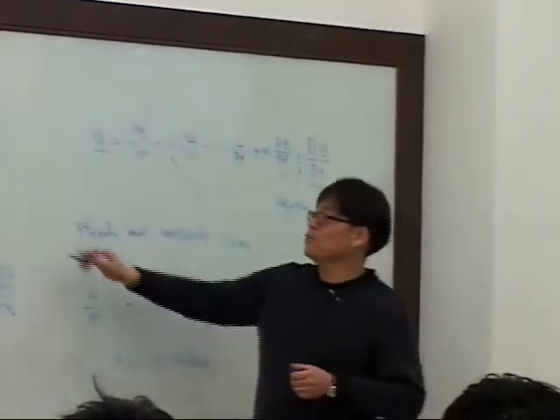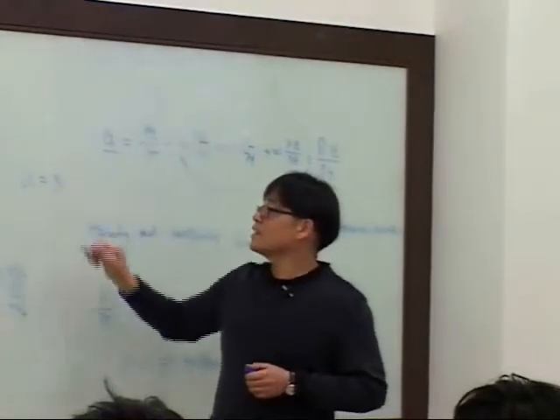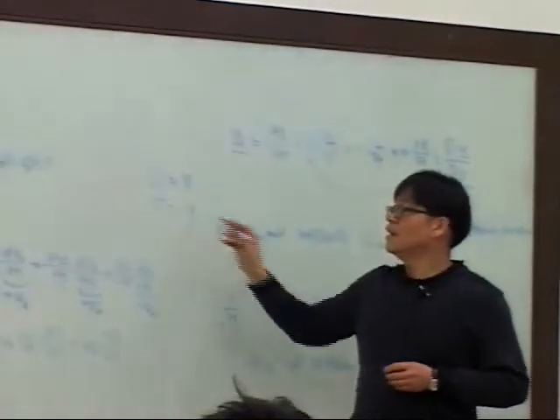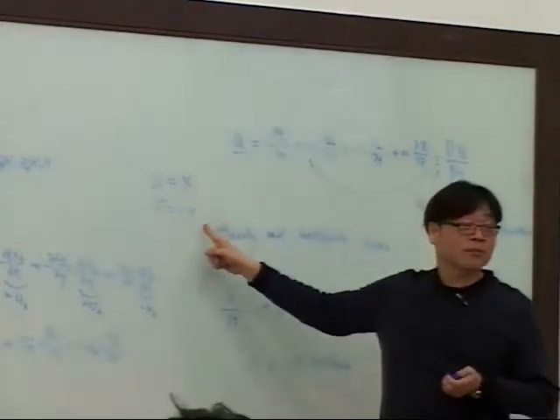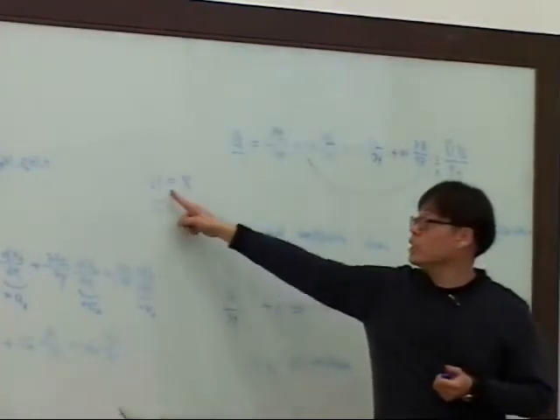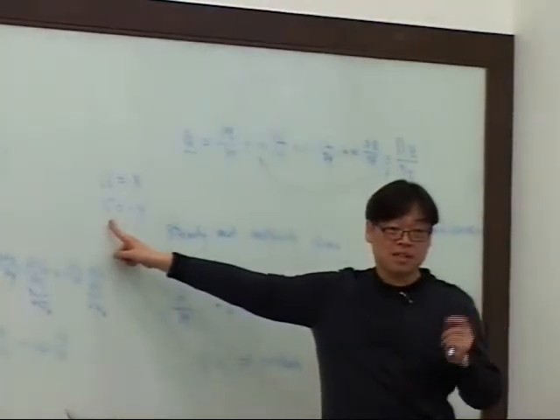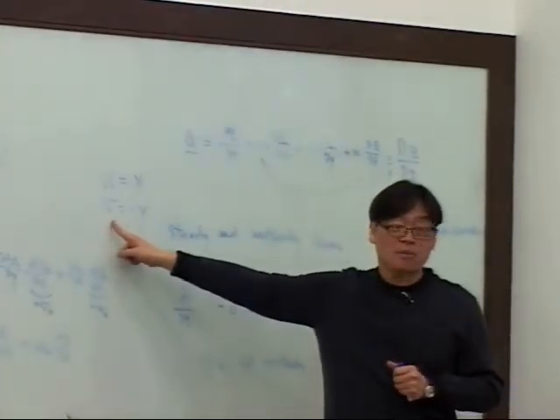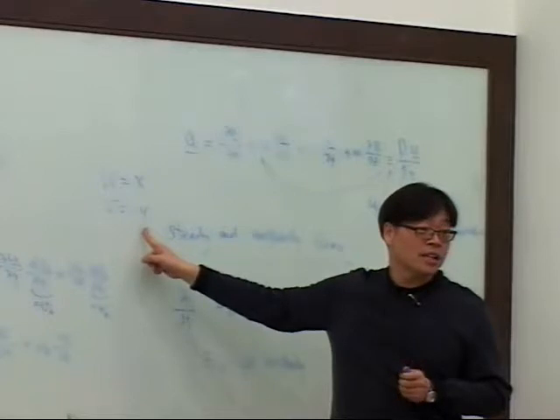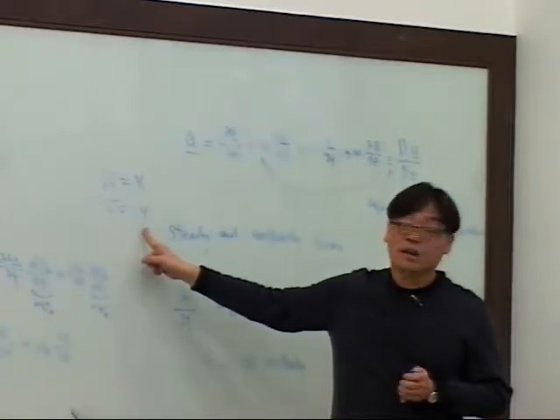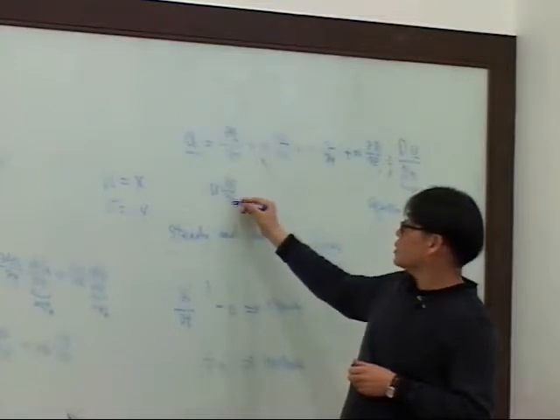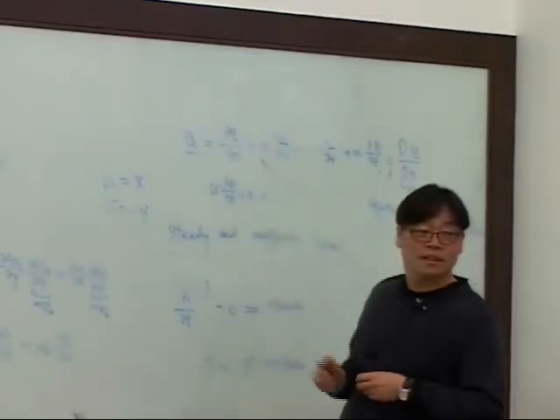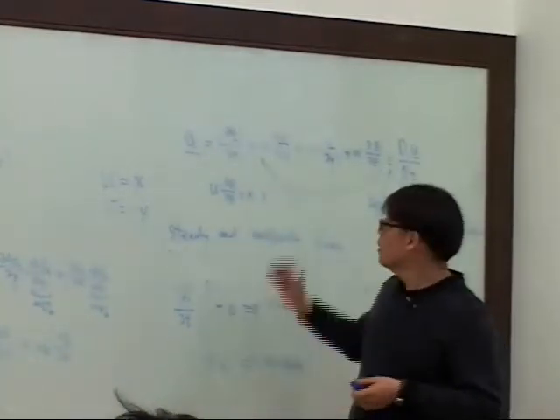So for example, if your flow field looks like this, it's independent of time, right? So du/dt and dv/dt are 0, but acceleration is not equal to 0. The reason is, if I take u du/dx, what is it? x times 1, which is x.